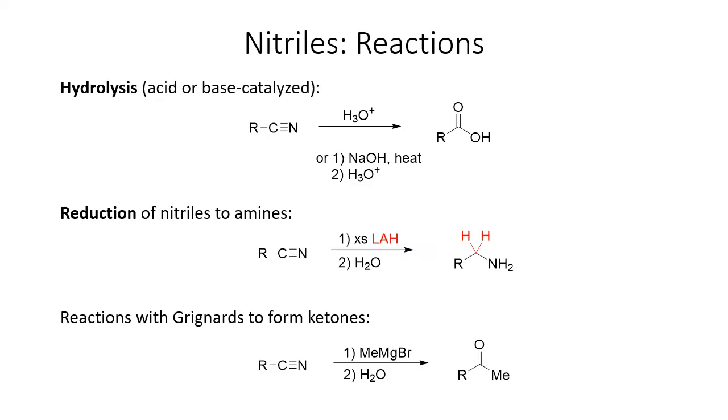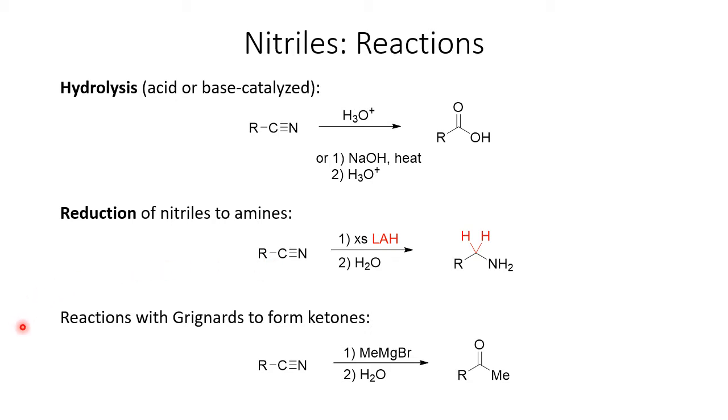Now, nitriles participate in pretty much the same types of reactions as all of the other derivatives. So we have hydrolysis, the acid or base catalyzed with either H3O+ or sodium hydroxide followed by H3O+. And again, that's going to convert our derivative back into a carboxylic acid. Similar to amides, we can also reduce nitriles to amines using excess LAH and water.